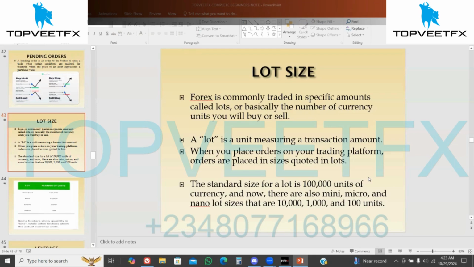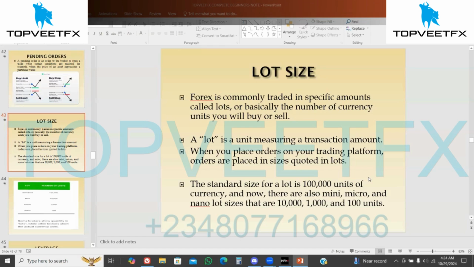We have different types of lot size. The standard size for a lot is 100,000 units of currency. And now there are also many micro and nano lot sizes that are 10,000, 1,000, 100 units respectively.